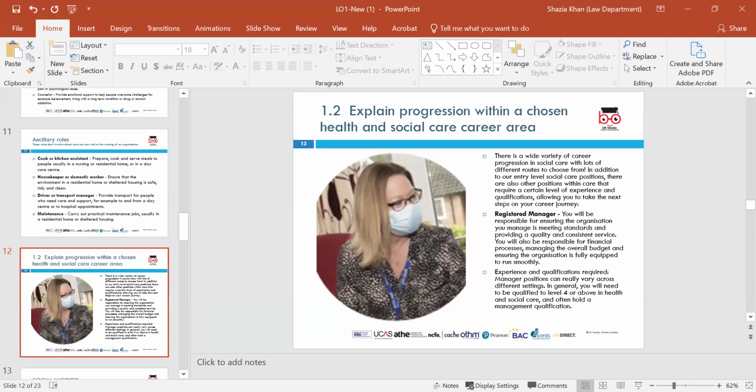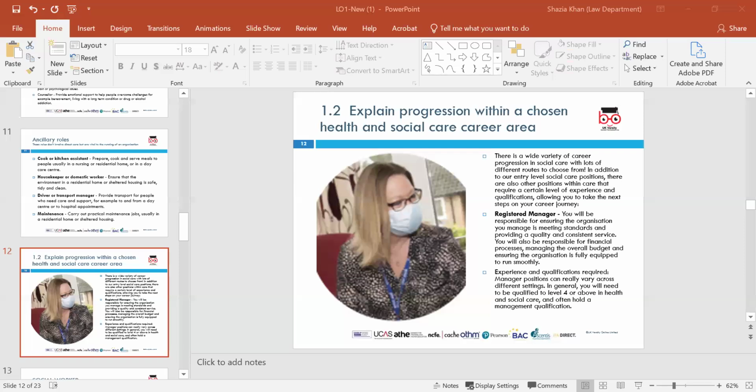Now, an example here is a registered manager. If you want to move up in the job role and get a registered manager's job, like you said, you need to have the qualifications. Firstly, you need to be understanding.